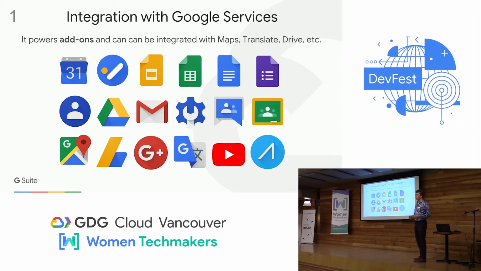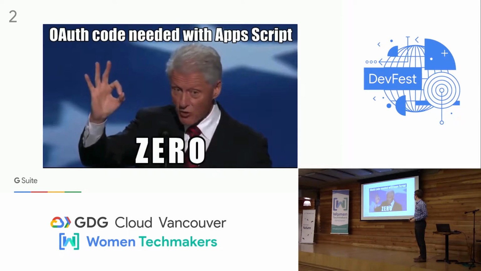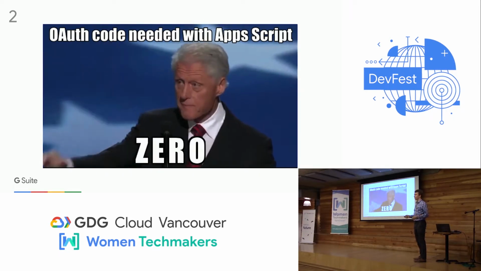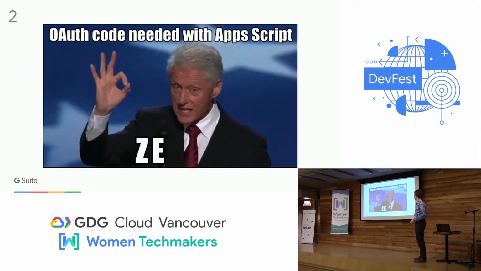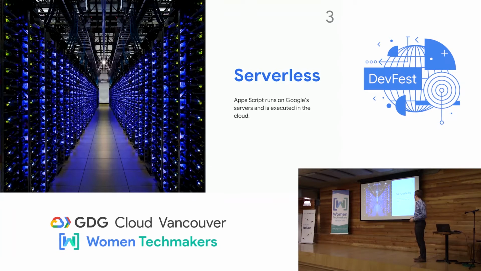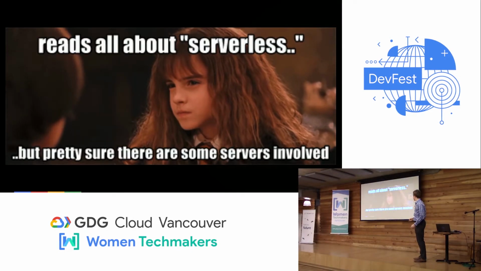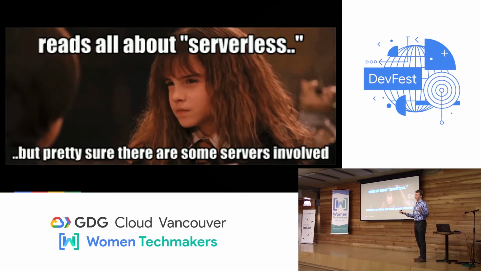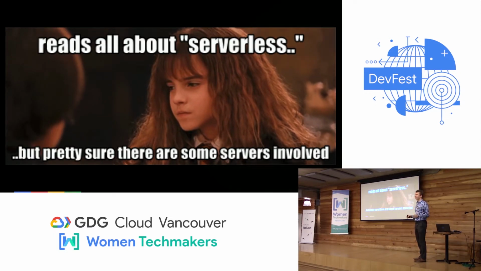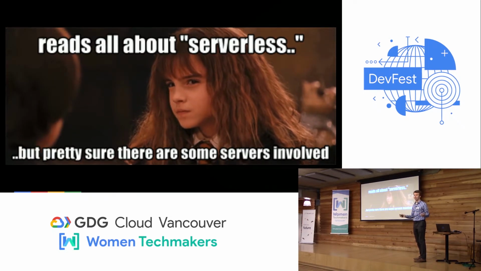Like if you want to send driving directions or use Google Translate or query the YouTube API, there's no OAuth code needed. And then it's serverless. So you don't need to worry about provisioning servers or scaling your add-ons. Of course, disclaimer, when I say serverless, there are some servers, you just don't need to manage them.